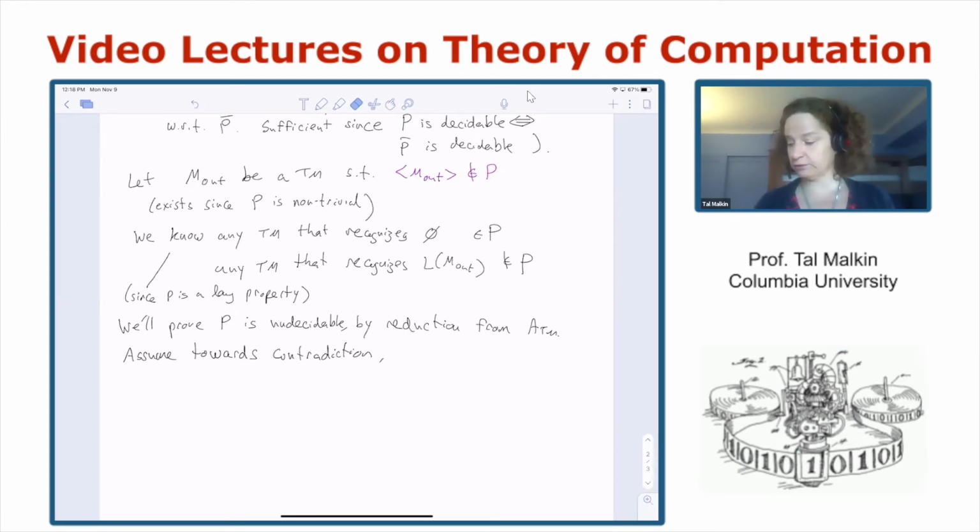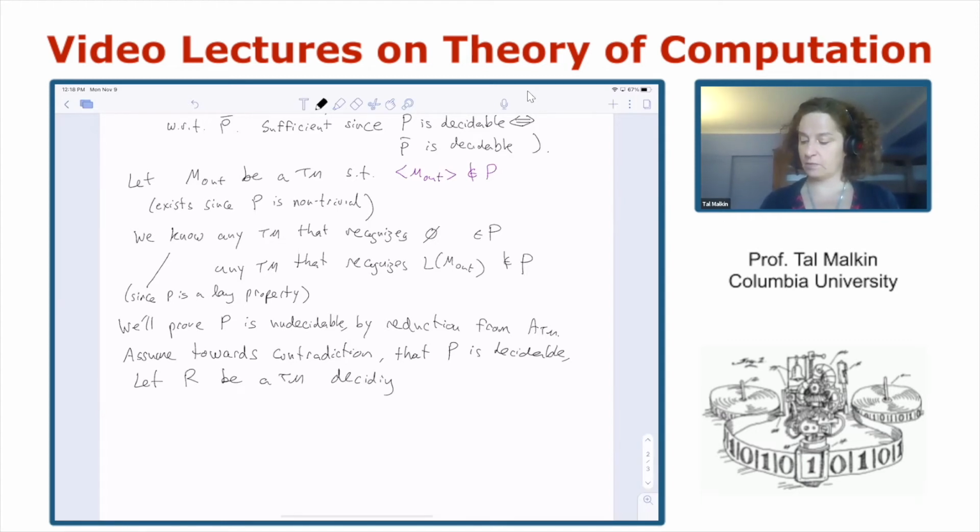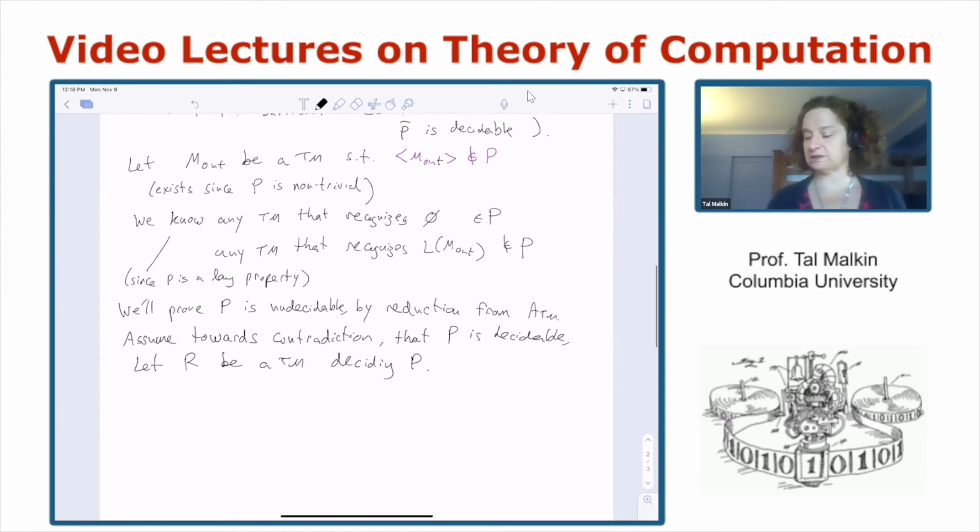Okay, so assume towards contradiction that P is decidable, and let R be a Turing machine deciding P. Recall what it means. Given any Turing machine M in P, R of M will output accept, and any Turing machine M not in P, R of M will output reject. That's what it means for R to be a Turing machine deciding P.